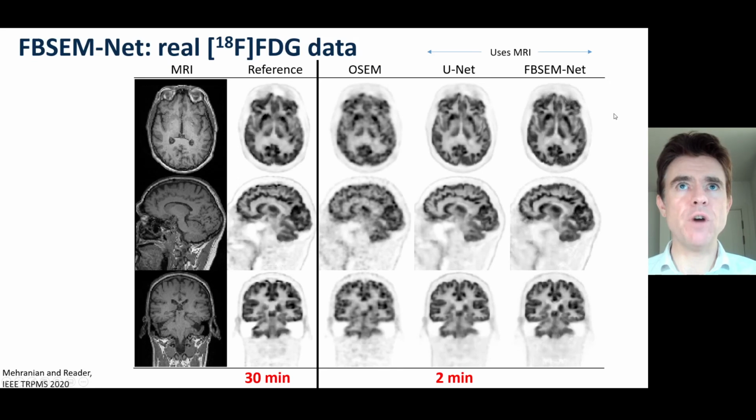Tested on real FDG data, these are the results that we see. This is now 30 minutes of data as a reference, and then our reconstructions are on the right hand side here. OSEM for only 2 minutes of data, suffering noise amplification. Post-reconstruction, a UNet doing very well indeed, and then again our FBSEM net also holding up very well and showing significant improvements compared to the conventional OSEM.